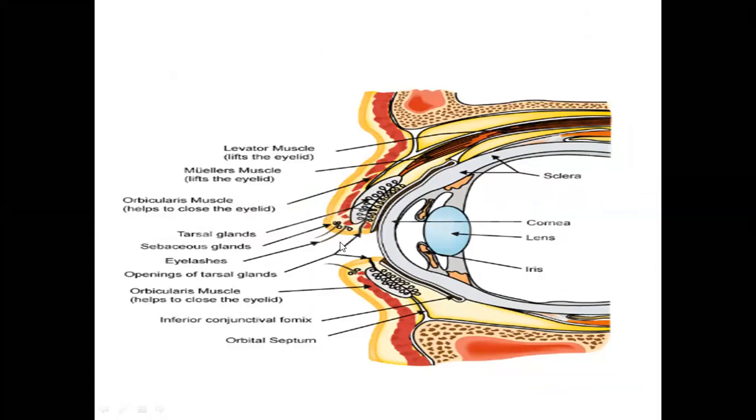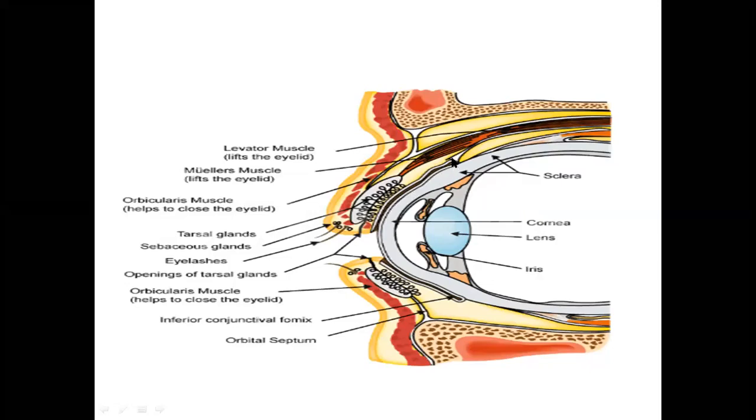Zeis and Moll are present in the space between the eyelashes, and the Zeis secrete the oily secretion, and the Moll is a sweat gland. So this is a conjunctival sac which covers the bulbar conjunctiva, and this is a superior fornix.